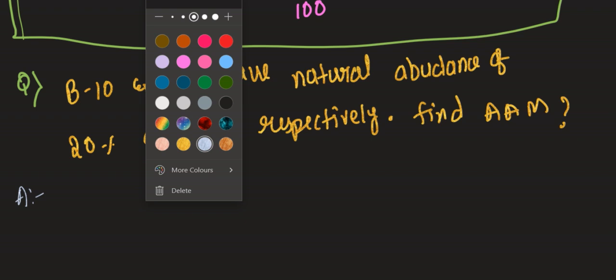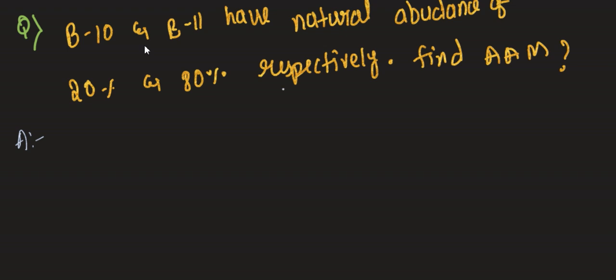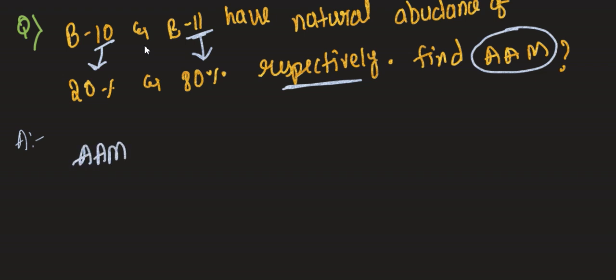Let us try to understand the average atomic mass here. What is the meaning of respectively? Respectively indicates that the first value belongs to the first one, and the second value belongs to the second one. Since the question is related to average atomic mass, we have the formula: average atomic mass is equal to the summation of percentage of abundance, here 20, into its isotopic mass.